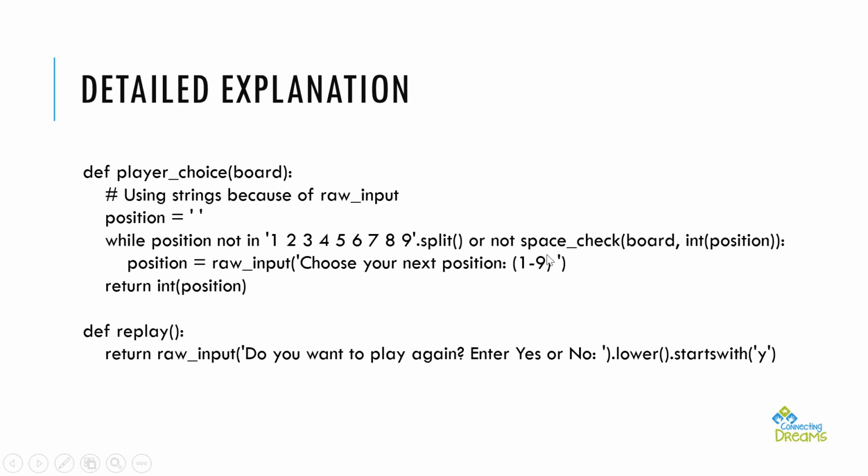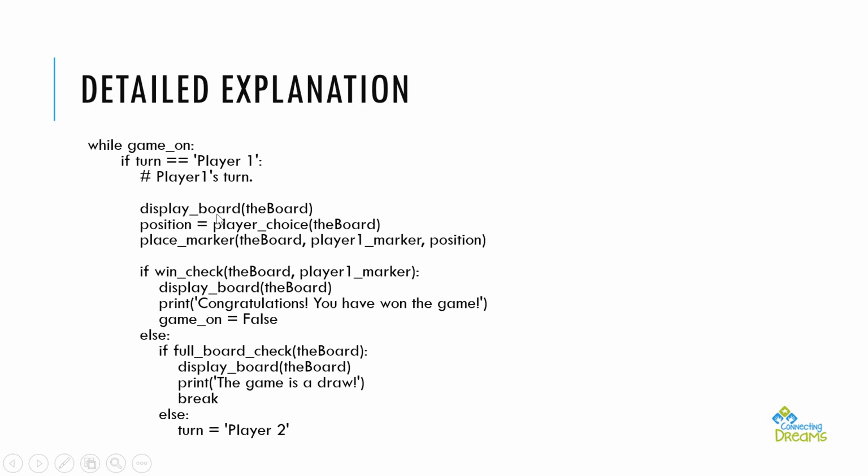So if whatever value the user has entered, that position is free, then it will return the position for later use, and that will be stored in this variable position.